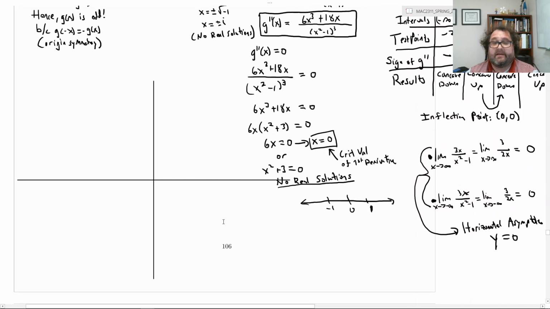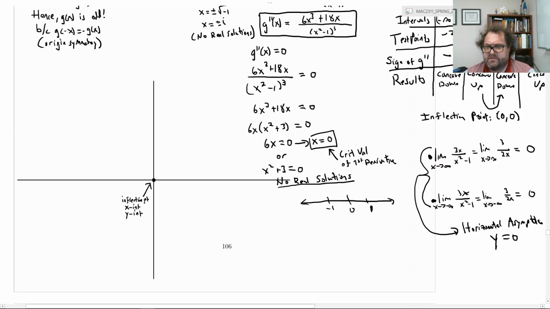Well, I know for sure 0, 0, that's an inflection point. It's also an x-intercept, and a y-intercept. Okay?